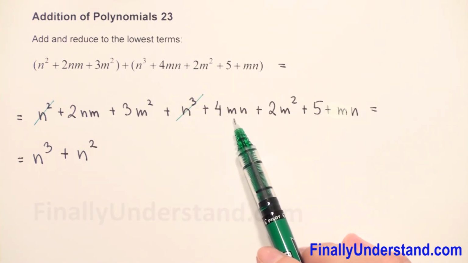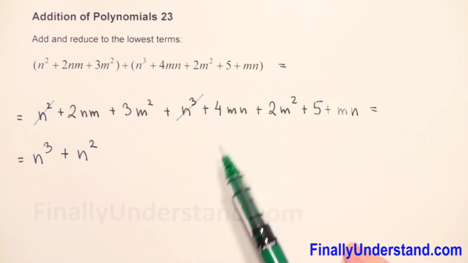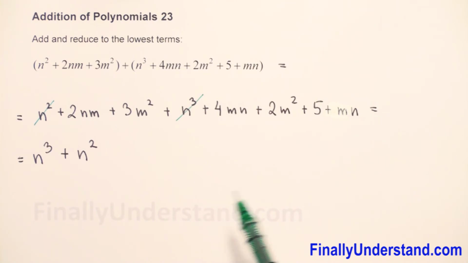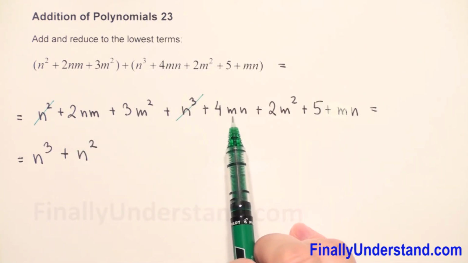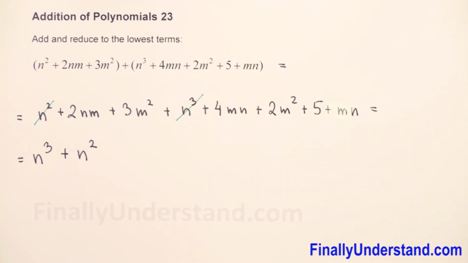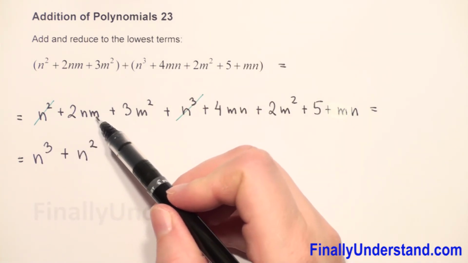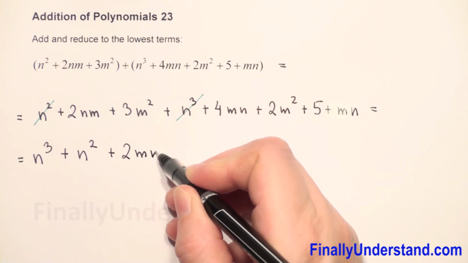We can always change and first put n or m. So maybe first I will rewrite 2nm in the same order like we have for these two terms. We have mn and mn, so we will rewrite 2nm as 2mn.